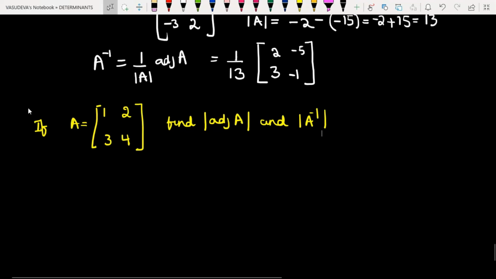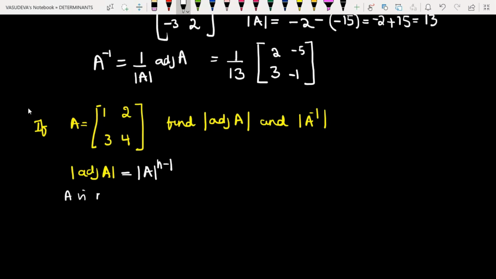So we know that determinant of adjoint of A is equal to determinant of A to the power of n minus 1. Here A is a square matrix of order 2.